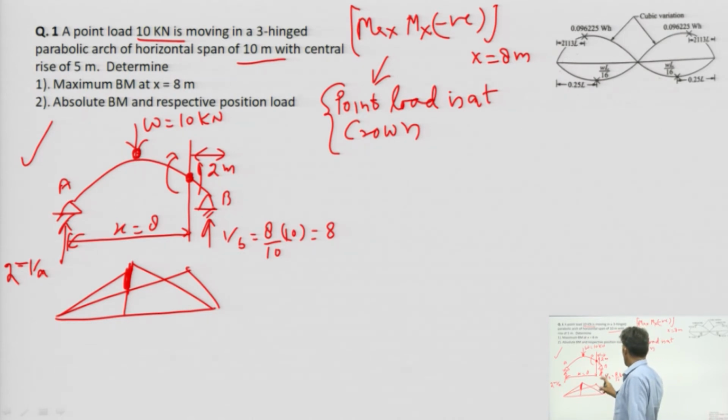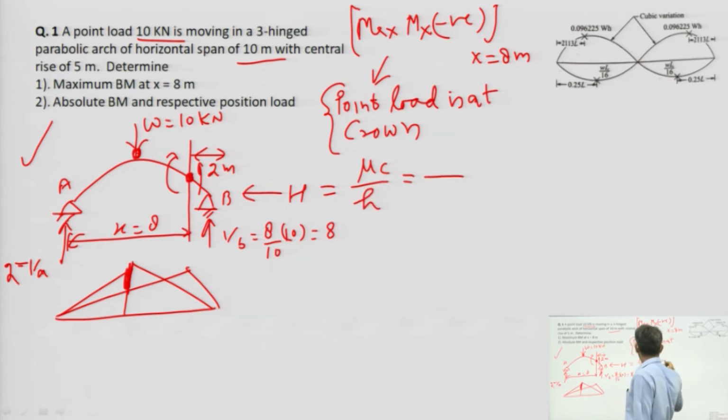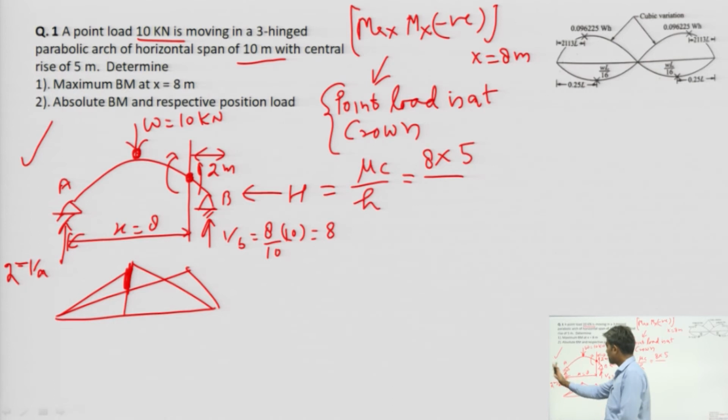So, it is 10 into, okay, right, 8 and okay. And this one H, value of H will be Mc divided by h, okay. Mc, what is the value of Mc? Mc value is 8 into 5, okay, no, not 8 into 5, take left one side, okay.